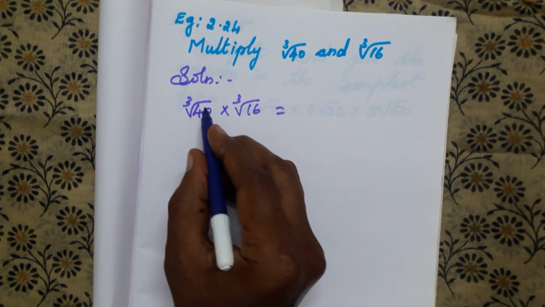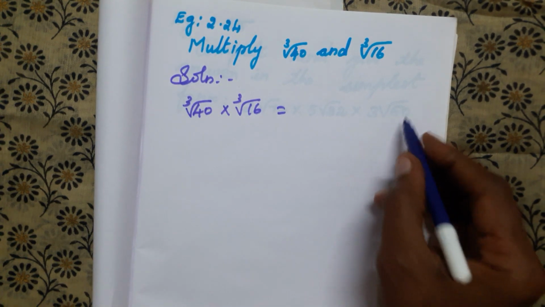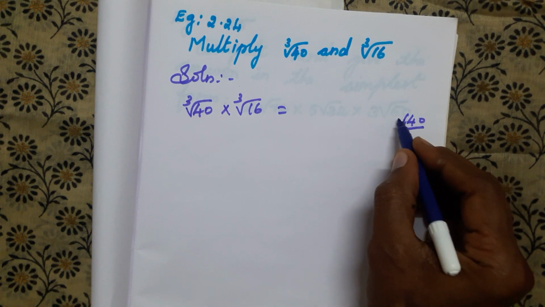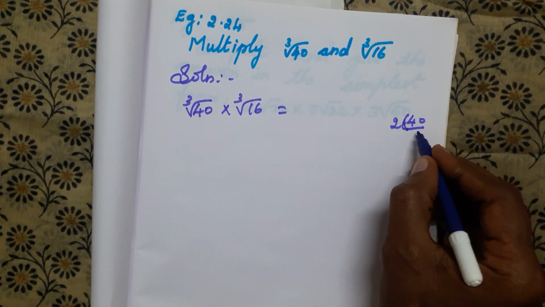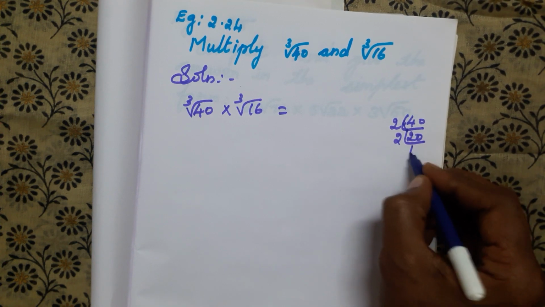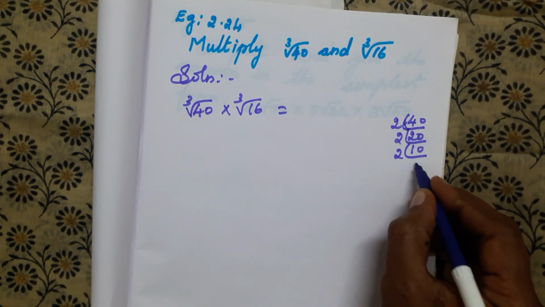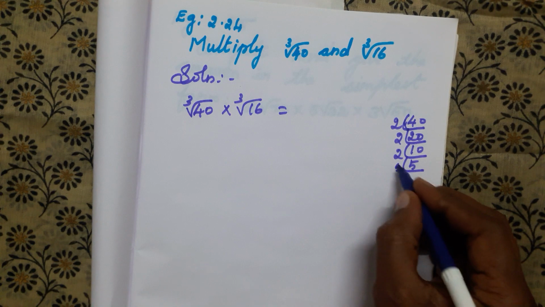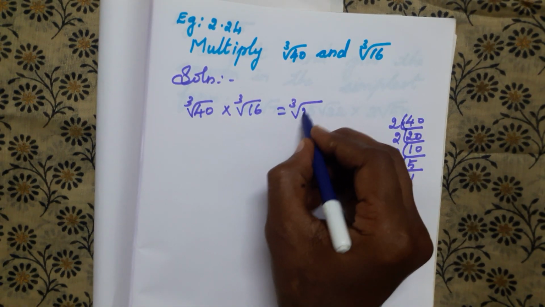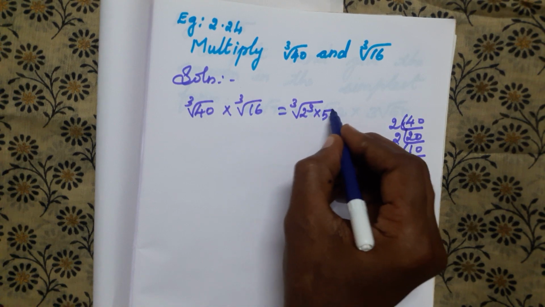First we have to write the simplest form of cube root of 40. When we are factorizing 40, already we factorized: 20, 10, 5, 1. So equal to cube root of 2 cube into 5.